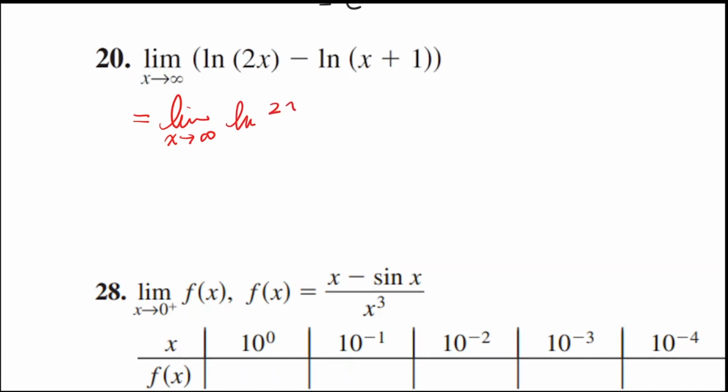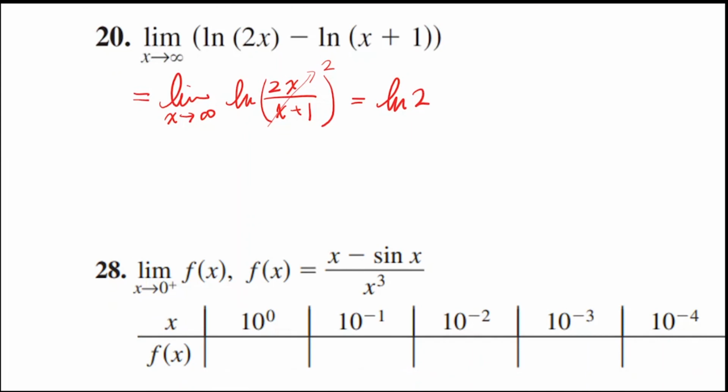Because we can combine ln. Well, we have infinity over infinity, so we can L'Hospitalize this, but we all know the answer to this one, right? This thingy right there approaches 2, doesn't it? So our answer here is ln 2. How about that? Good? Okay.